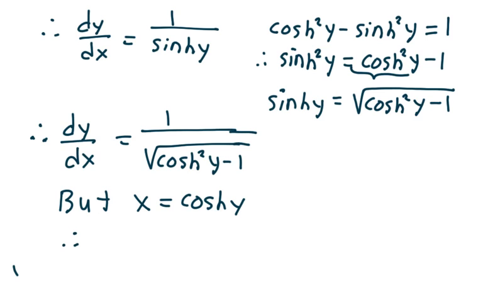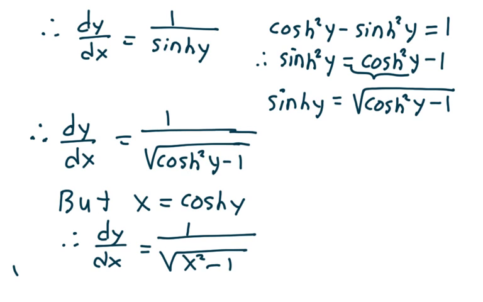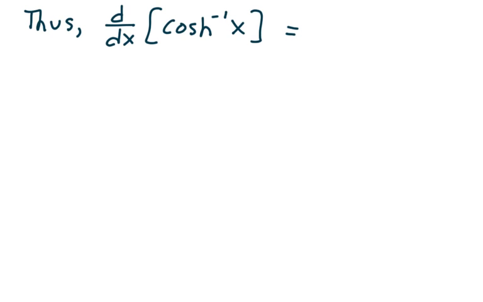Therefore, dy dx is 1 over the square root of x squared minus 1. Thus, d dx of the inverse hyperbolic cosine x is 1 over the square root of x squared minus 1.